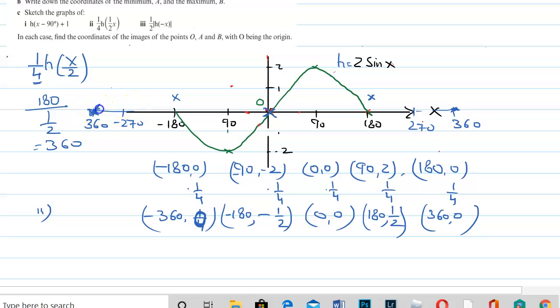So if I join this, at minus 180 it is minus half.